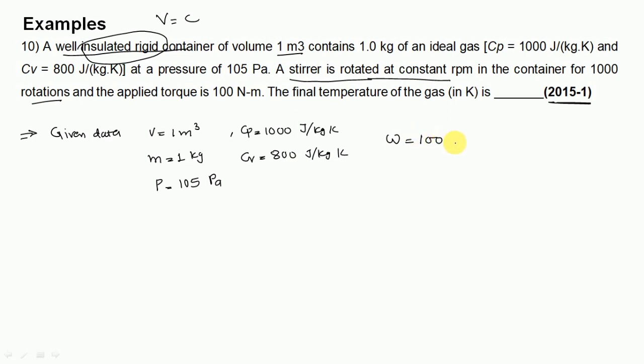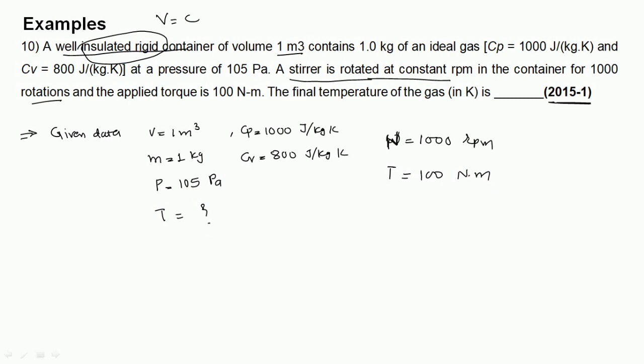Write over here the rotations in RPM, or you can write it as N. The normal notation for RPM is N, and then torque is given. The torque applied is 100 Newton. And here you need to find the final temperature of the fluid in this container.